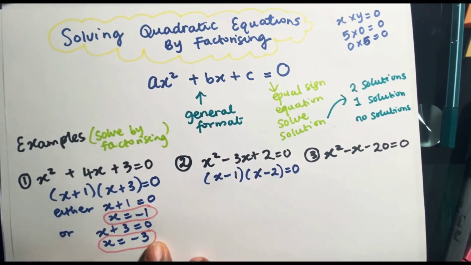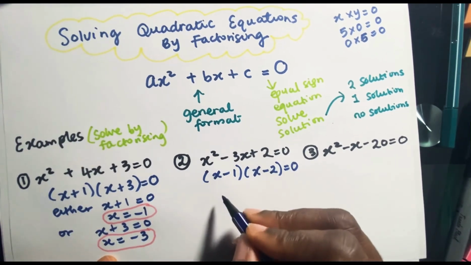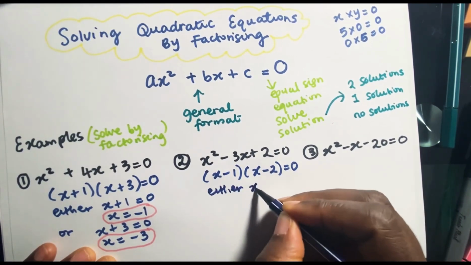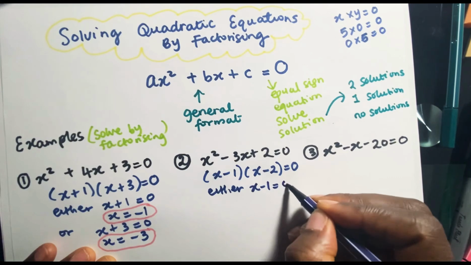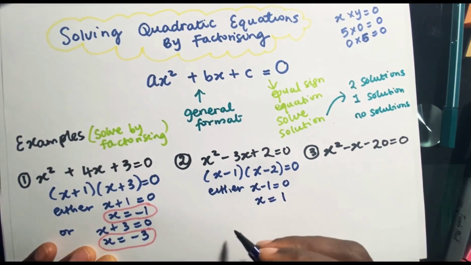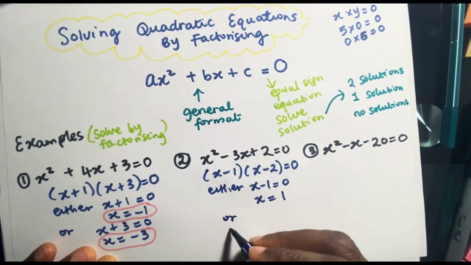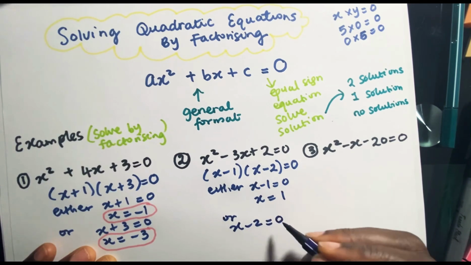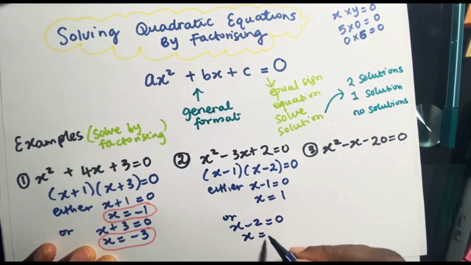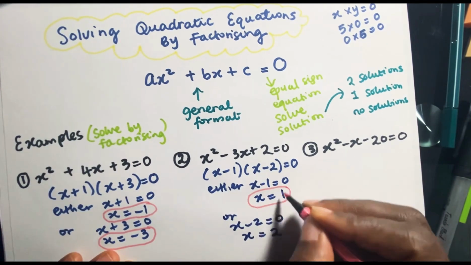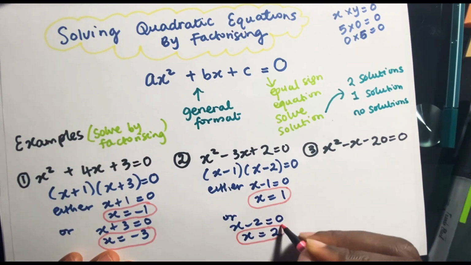So now, just like we did with example 1, you're going to say either x minus 1 is equal to 0, which means x is equal to 1, or x minus 2 is equal to 0 and x is equal to 2. So we have again two solutions: x is equal to 1 and x is equal to 2.